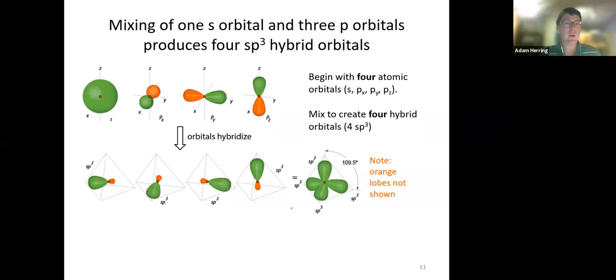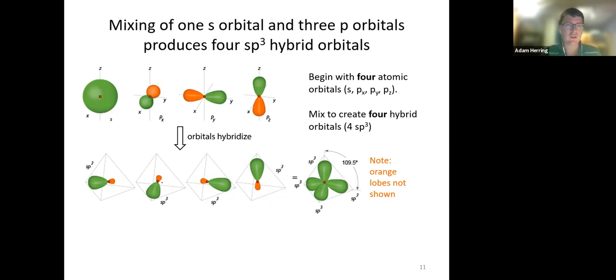This is just another way of looking at that process that we just described. We took a 2s orbital with the 2p orbitals, and we kind of think of it as you can deconstruct them and then put them back together so that they are equal parts s and p.